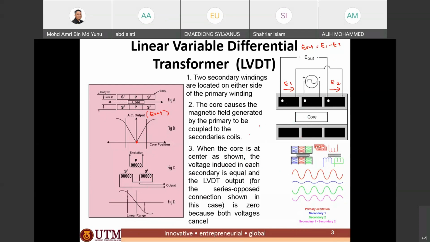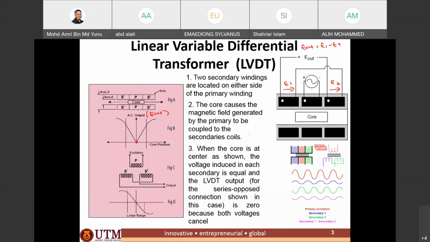Therefore, the voltage induced on the first part of the secondary and the second part of the secondary is equal. Therefore, the output is equivalent to 0.